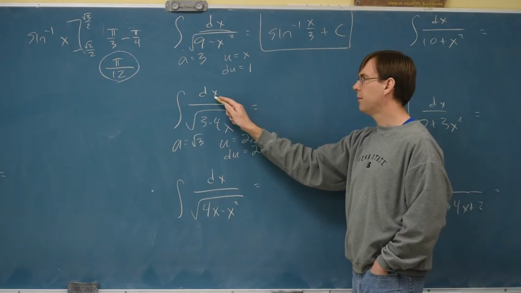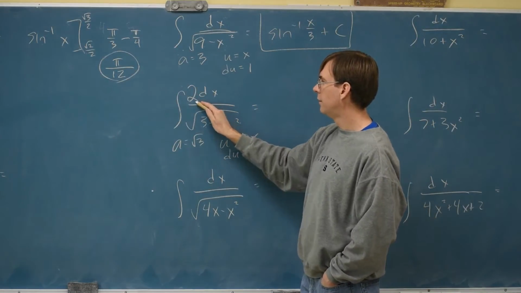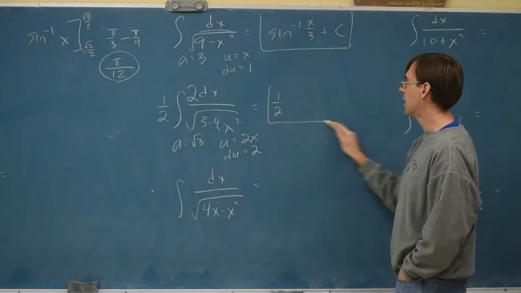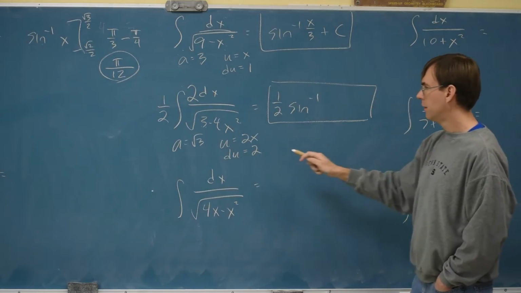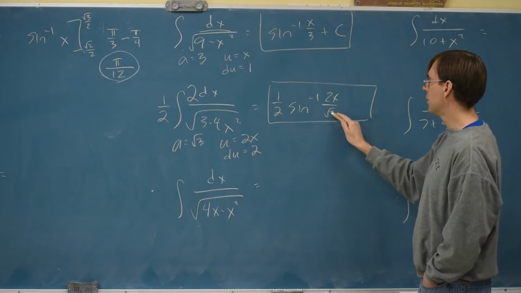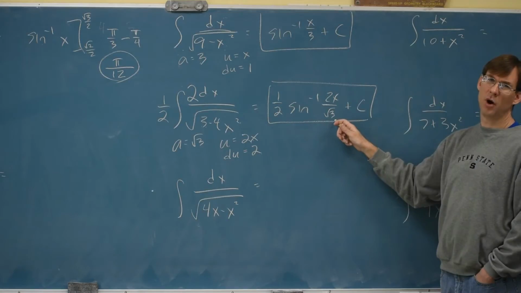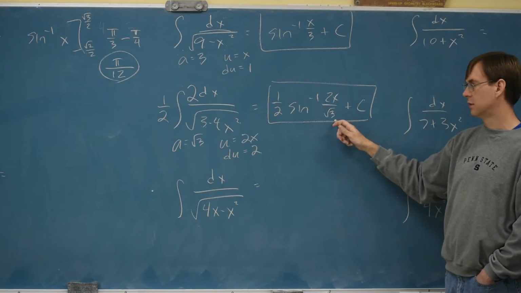I look to the top to make sure I have a 2, and I don't. So I have to insert a 2 and pay for that with a half. And a half is going to be part of the answer. With inverse sine, always put u over a, 2x over root 3 plus c. Historically, we don't like roots on the bottom, but today we've got enough work to do. We're not going to worry about that. Roots on the bottom, just live with it.